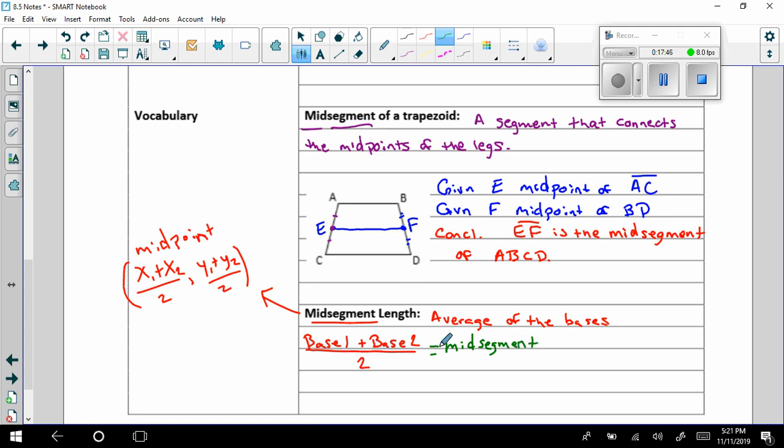For this particular example up here, the length of EF would equal AB plus CD divided by 2. And you should be able to work this any direction. If I give you EF, you should be able to then find CD, for example.